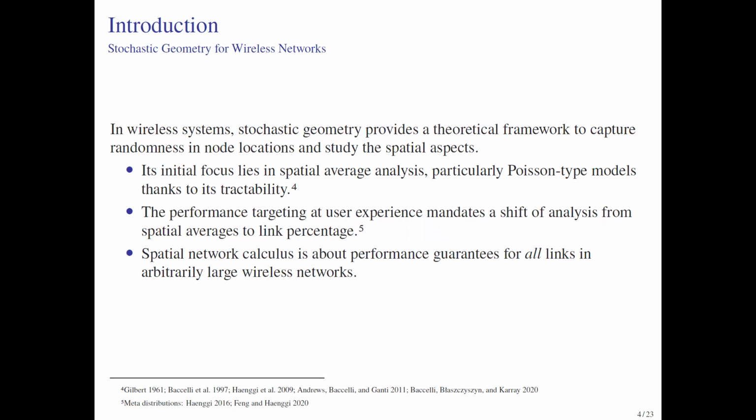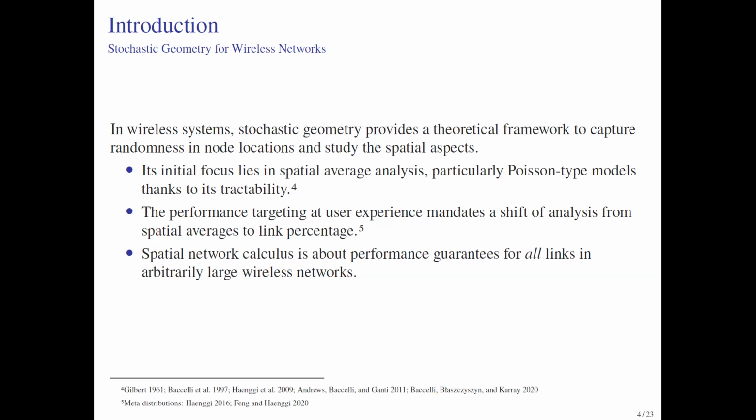It is known as the notion of the typical user, where you observe the network and you take the average over all links. So you get the spatial average. And there are more than 1,000 papers in this category. It is particularly effective thanks to the tractability of Poisson type models.